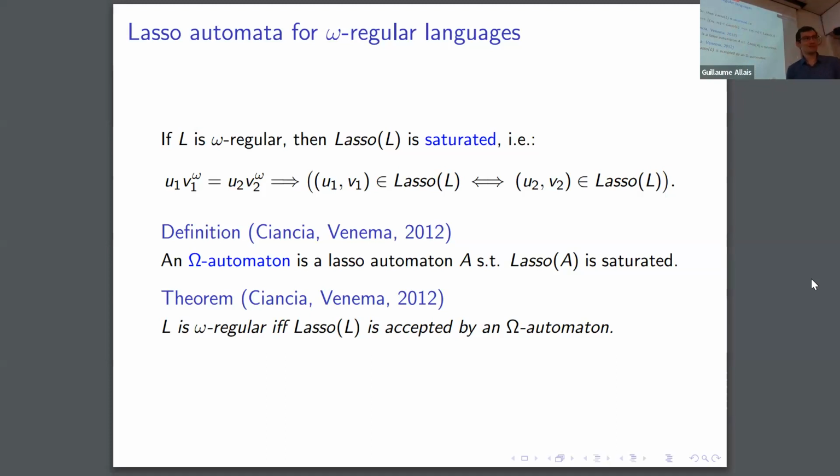Well, actually, no. We can see it this way: if L is omega regular, then the lasso language of L is saturated, which means that if there are two ultimately periodic words represented as lassos, U1 V1 and U2 V2, and these lassos represent the same ultimately periodic word, then they both have to be accepted or both have to be rejected by the lasso automaton.